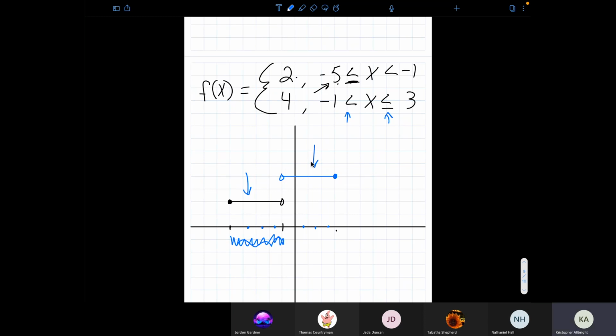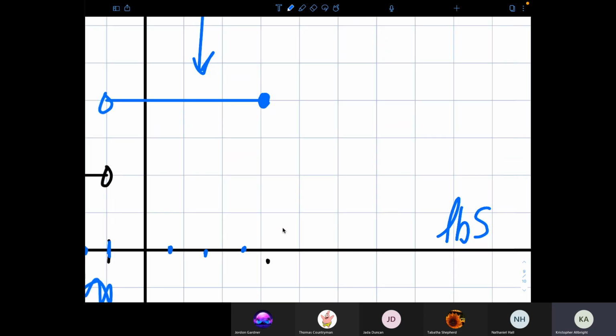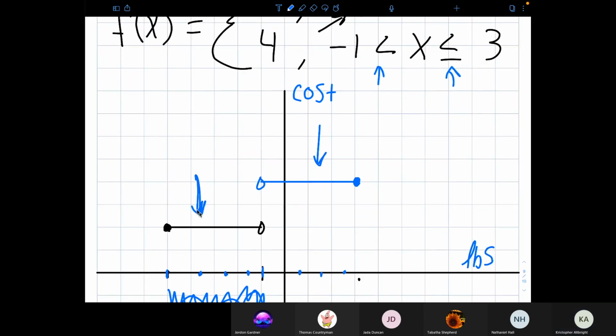Well, if you think of this as pounds and this as cost, we say, okay, from this point, I'm just using the example. So we'll say 0 to 5, it costs this much money, $2. And anything on the step above that, from here to here, costs this much money.